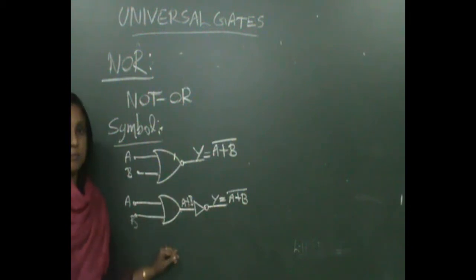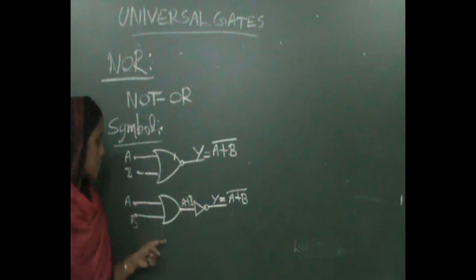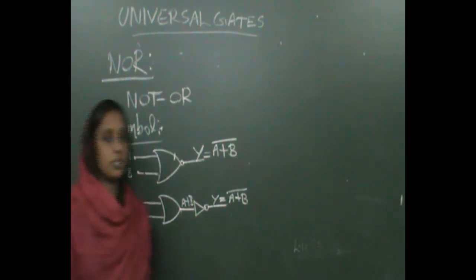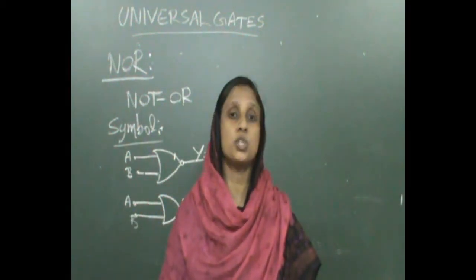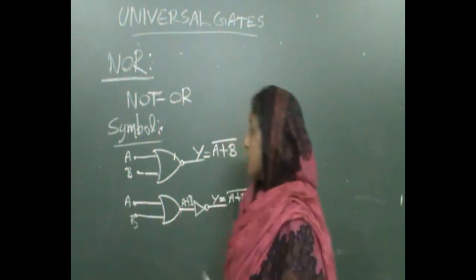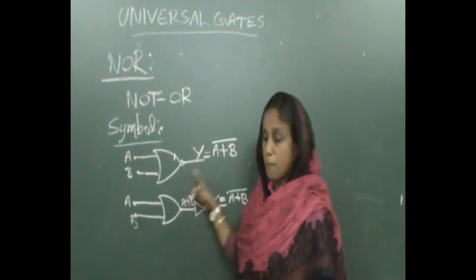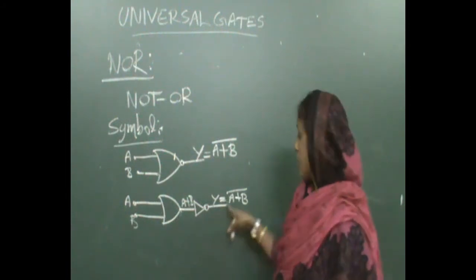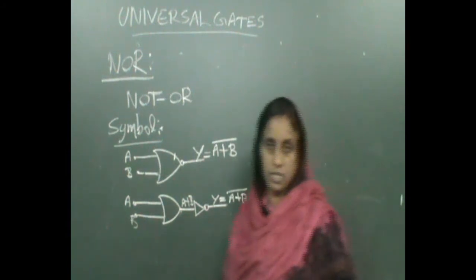These are the same. This is the symbol, and this is using fundamental gates OR and NOT. So this is the NOT OR gate or NOR gate. OR with a bubble is the symbol. This is implemented like this: OR gate with an inverter. (A OR B) complement is called NOT OR operation.